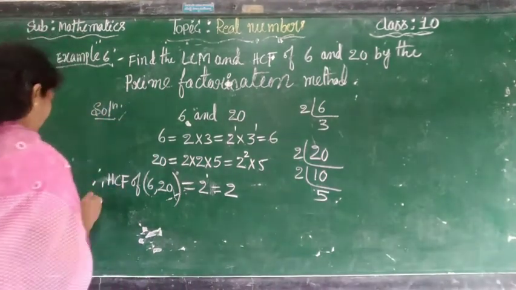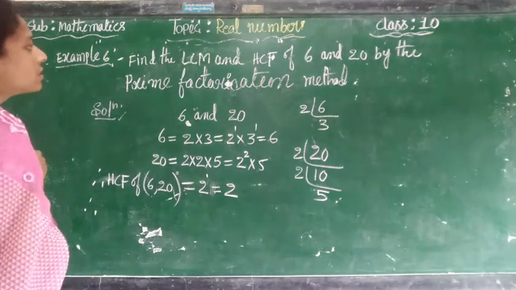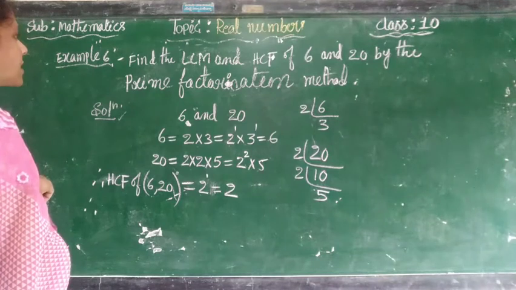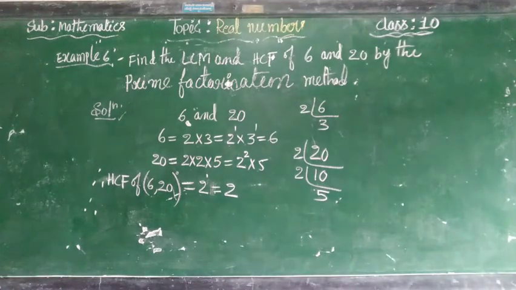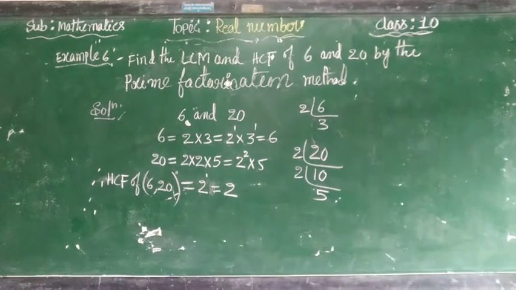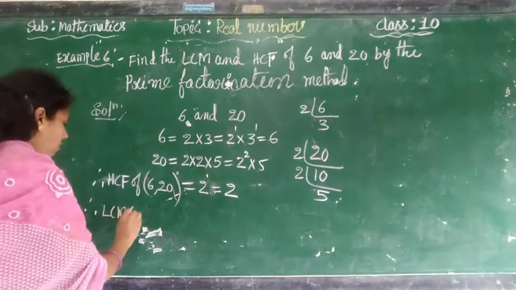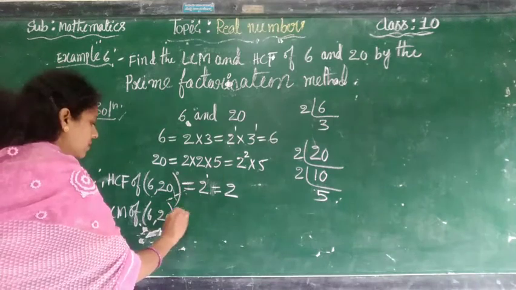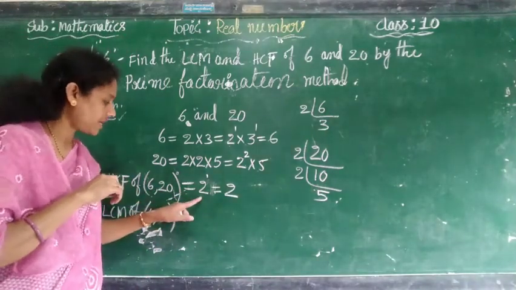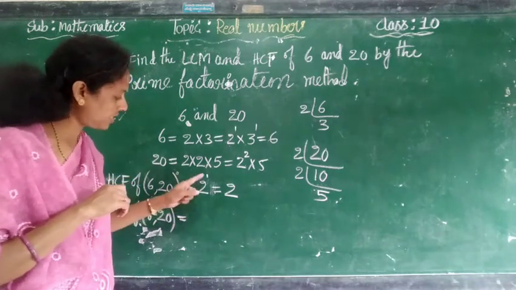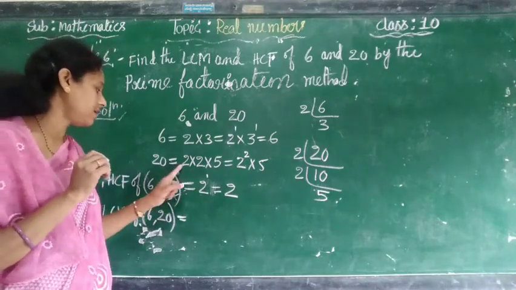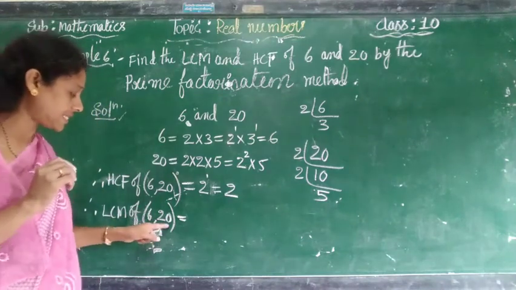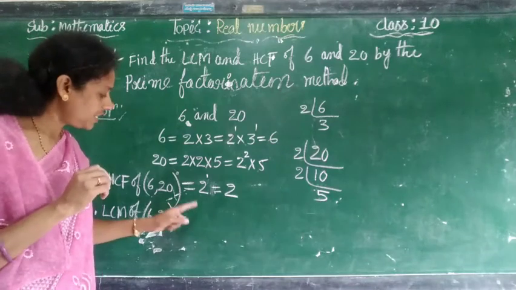And the LCM of 6 and 20. Here HCF is the smallest power of each common prime factor, but the LCM of 6 and 20 is the highest power of each prime factor.